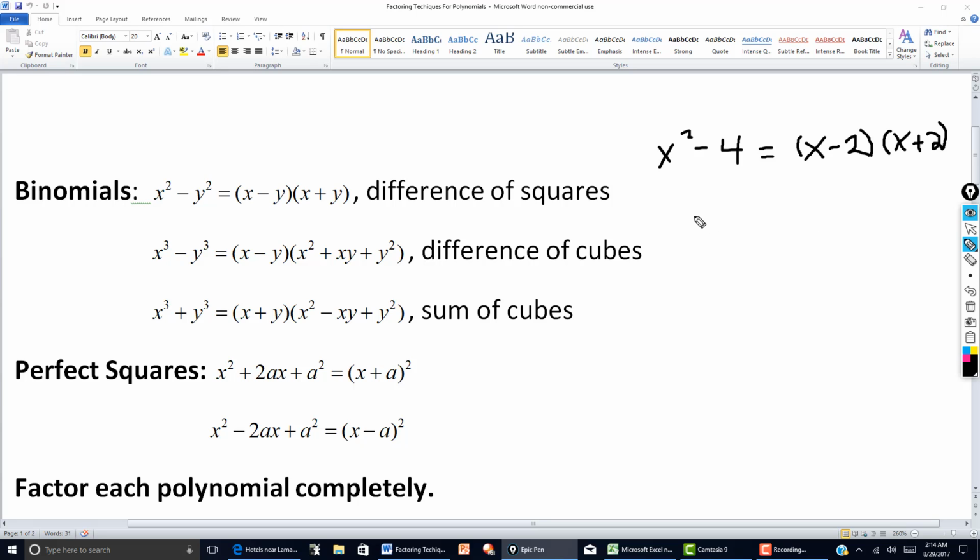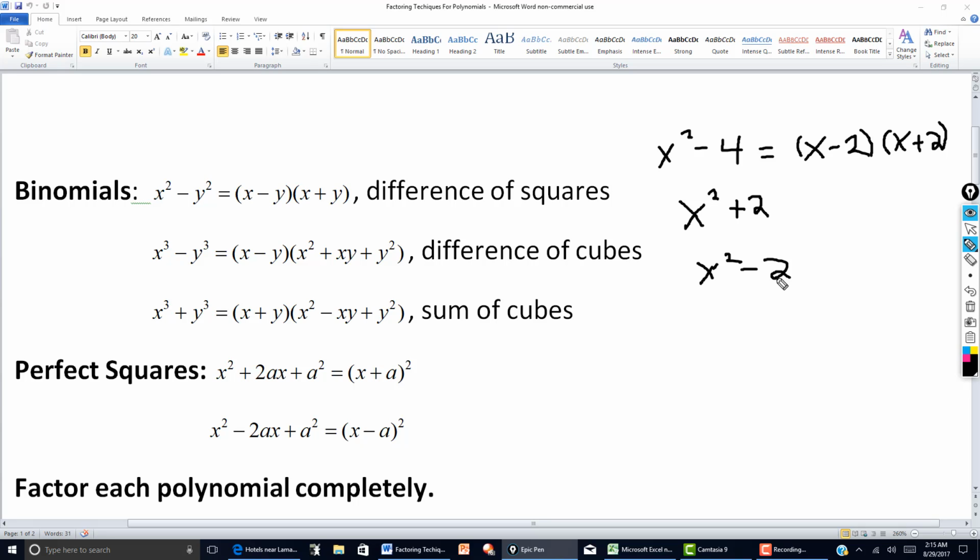Now if you got something like x squared minus 2, we have a difference of 2 numbers. The first one is a square, that's x squared.